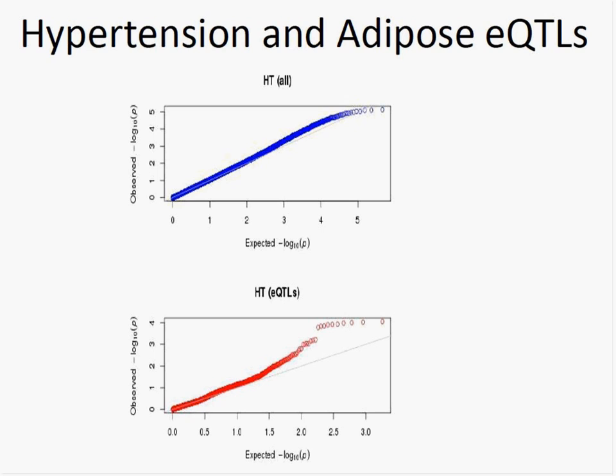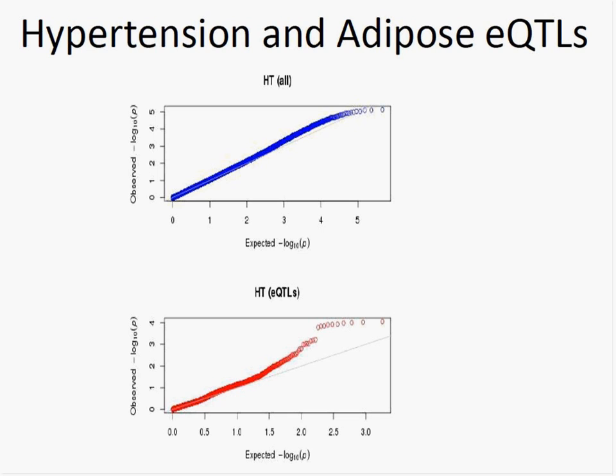And as with all of the Wellcome Trust Case Control Consortium phenotypes, except for the autoimmune ones that had clear signal at HLA, most of the rest were pretty great at defining the null here, the null for the QQ plot.